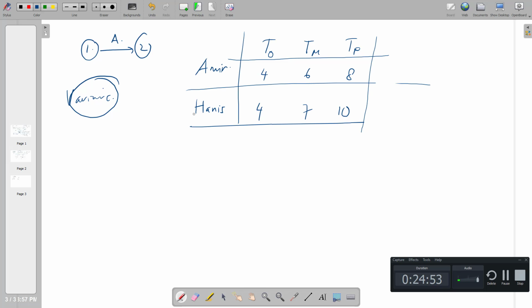Now, talking about the probability, if we would like to know which one between Amir and Hanis has a higher certainty on the time estimate, we have to calculate the variance, we have to check it according to the variance of the time estimate.